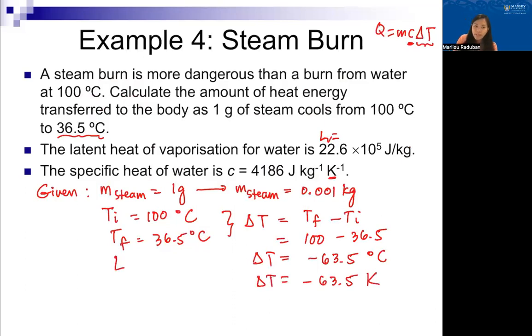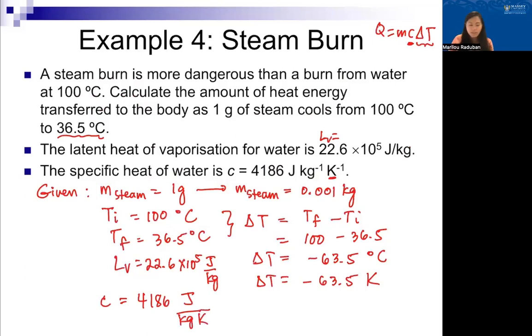The latent heat of vaporization is given as 22.6 times 10 to the 5 joules per kilogram, and the specific heat is 4186 joules per kilogram per Kelvin. So this is all that we're given, and we've just written it down.